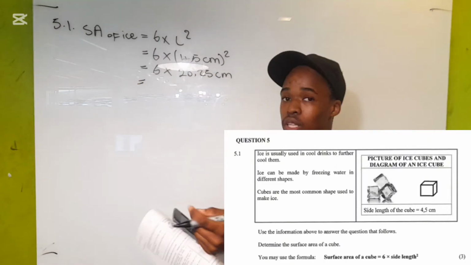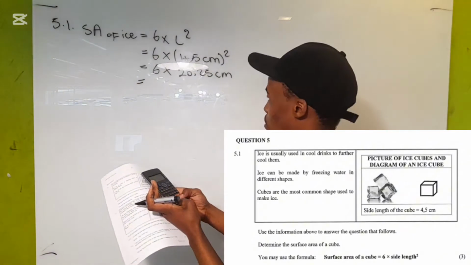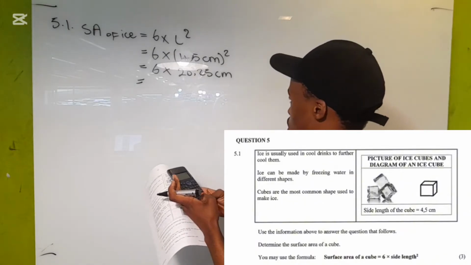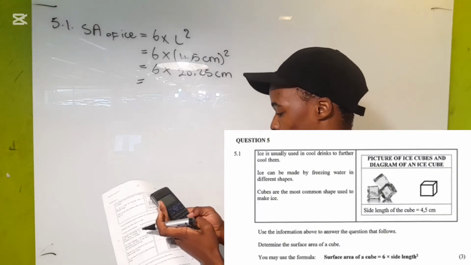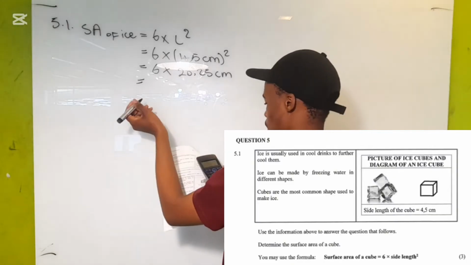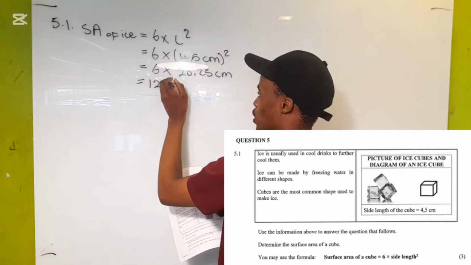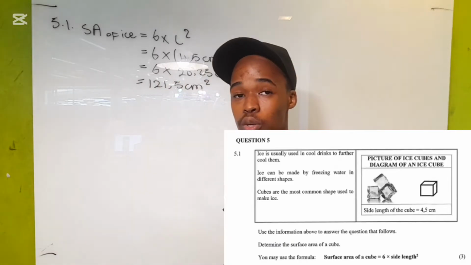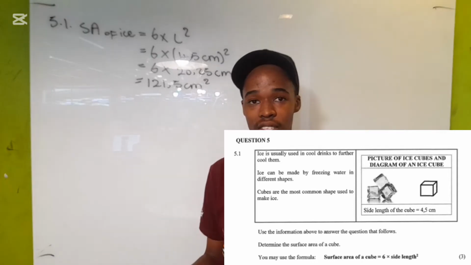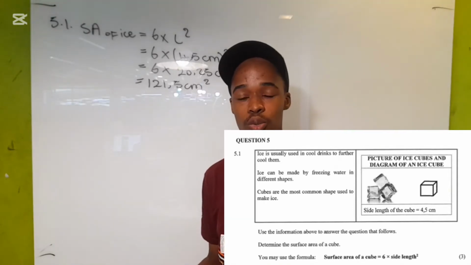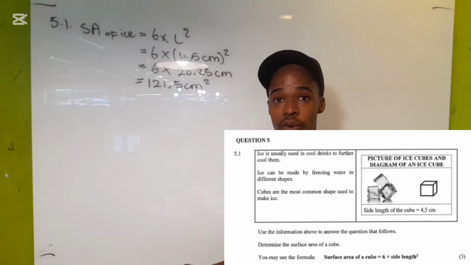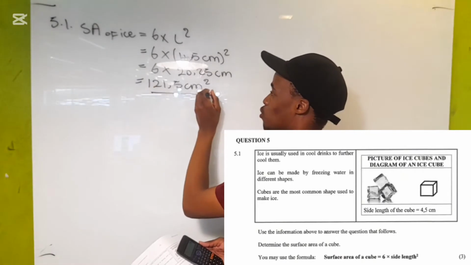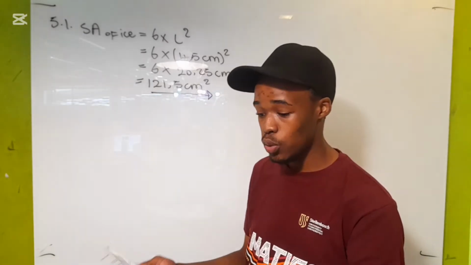Now you're going to click the whole thing and say 6 multiplied by 20.25 equals, it gives us a total of 121.5 centimeters squared. You have to put the squared because it is an area, it's the surface area, and we all know that for surface area we always use squared. So this is our final answer for question 5.1. We're going to go to the next question.